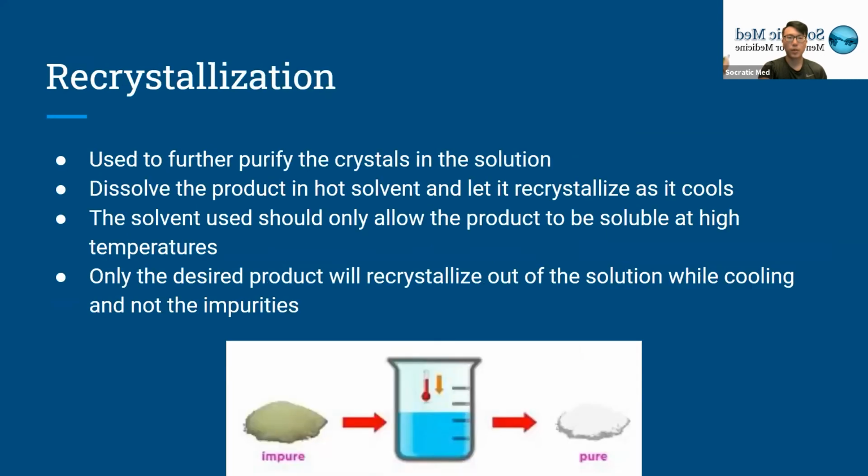That's vacuum filtration. Next there's a step called recrystallization. This is used when you want to further purify the crystals in the solution. Because the initial product that you obtain is impure, there may be other stuff mixed in with your product. So what you do is you dissolve the product in a little bit more hot solvent, and then you let it recrystallize as it cools. The solvent that you picked should only allow the product to be soluble at high temperatures.